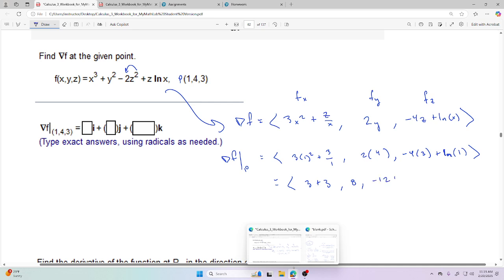Ln of 1, what does that make? 0. 6, 8, negative 12. There you go.